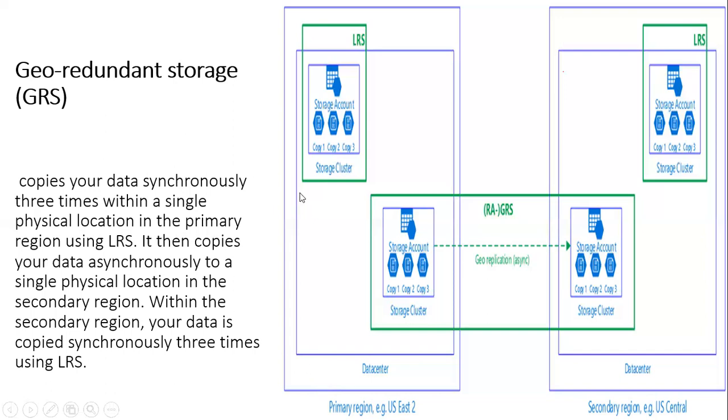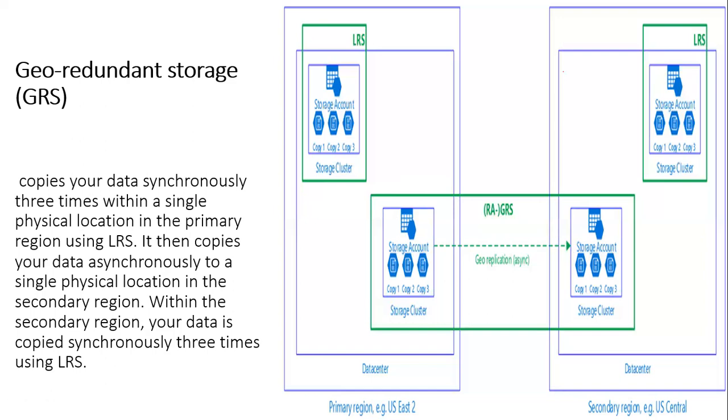So what happens is my first location, East US, when I upload a file, will make three copies of that file, and it will replicate the same file into one more region, not a data center this time, because in the same region we have different data centers. But now we are going for a different region itself.